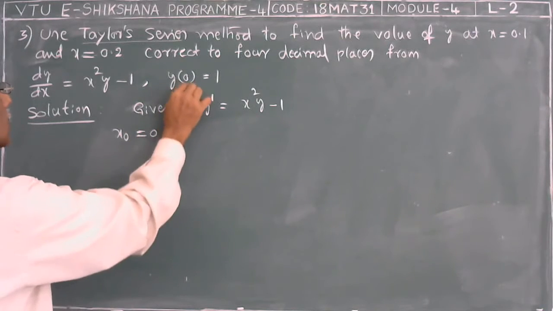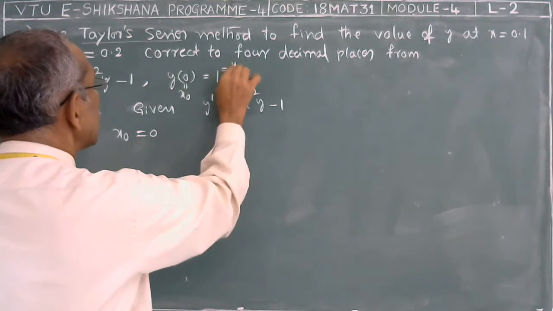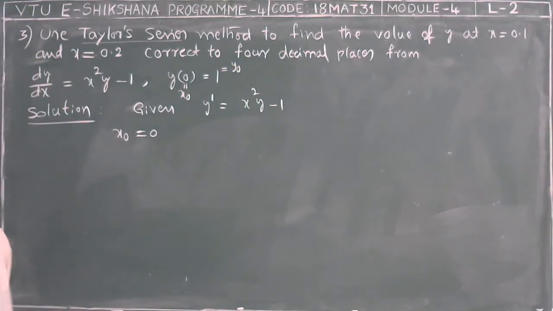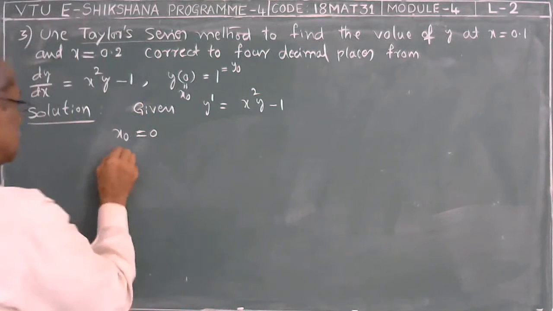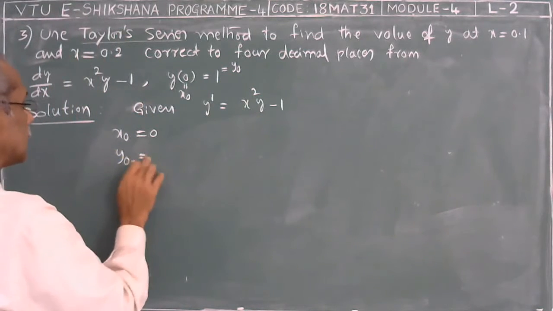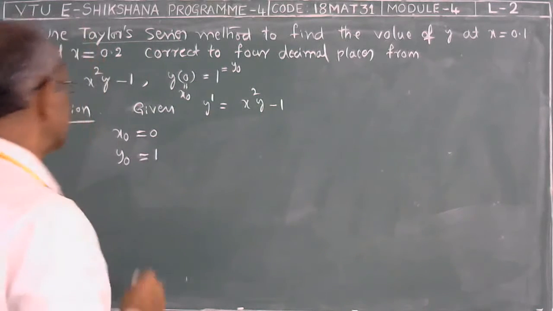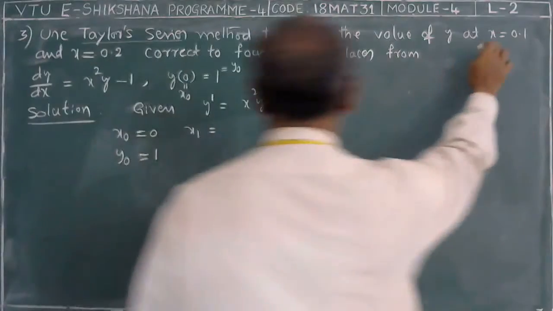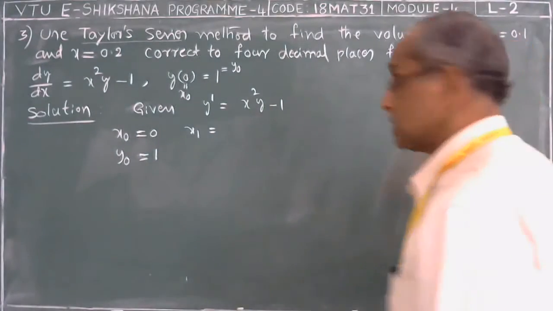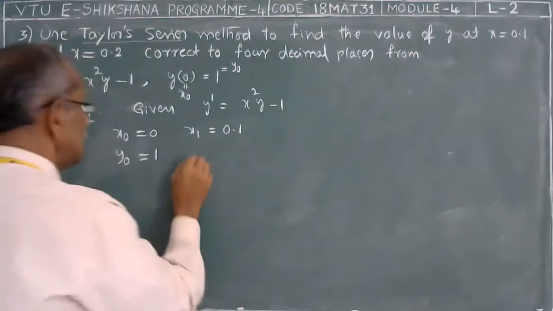This is your x naught and this is your y naught. Y naught is 1 and x naught is 0. And the next value of x is 0.1, so x1 is 0.1.